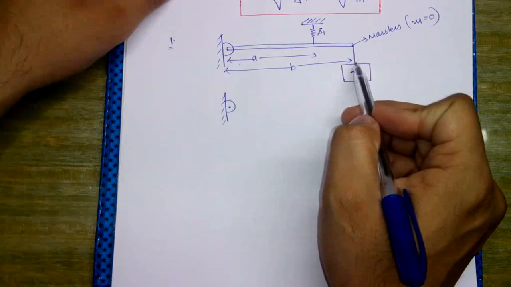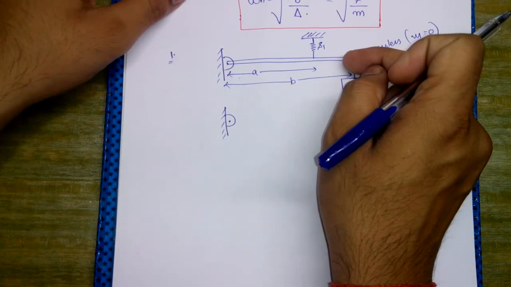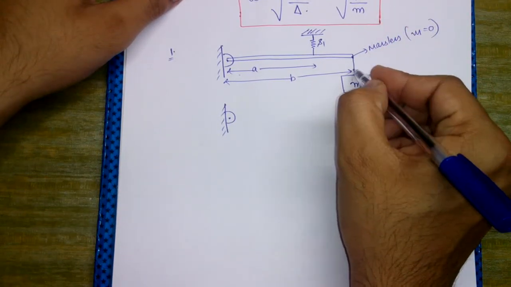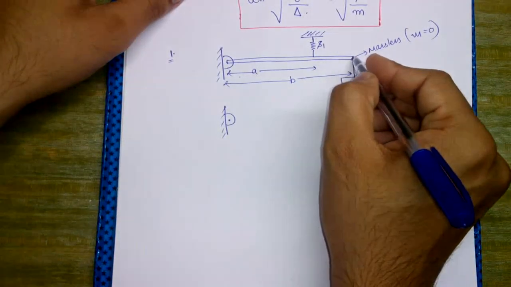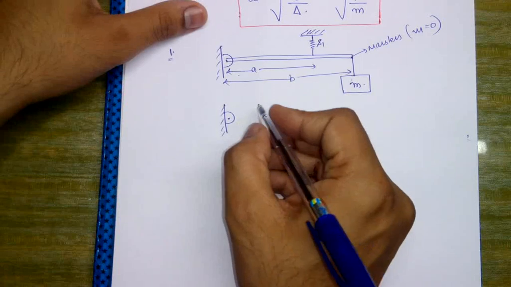Now we know that when the mass is hung from one of the ends, there would be some deflection at this point, and because of this deflection there would be some deflection corresponding to this spring also.